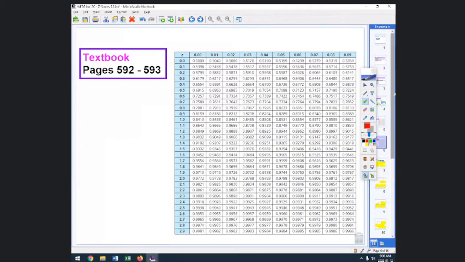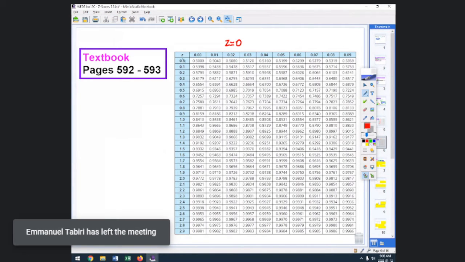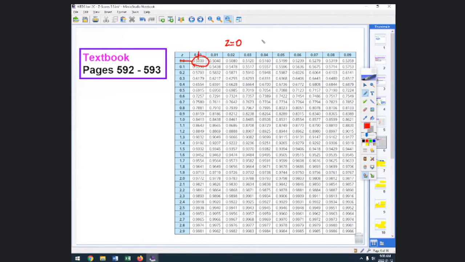Now, interestingly enough, I think it's interesting anyway, if I said to you, Z is equal to 0, I would be talking about over here and down here. So I'd be talking about 0.500. If I want to convert a decimal to a percent, I just multiply it by 100. And then I get 50%.